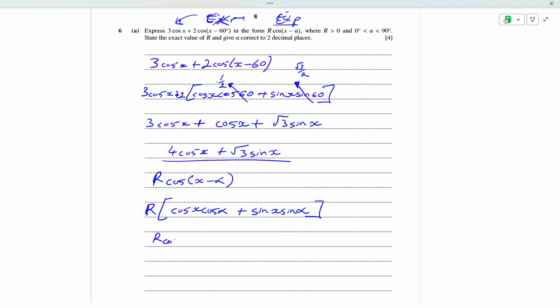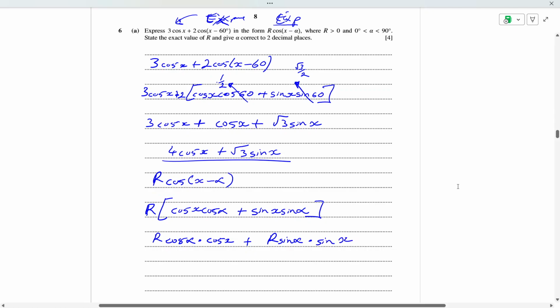We can rewrite it as r cos alpha multiplied by cos x, plus r sine alpha multiplied by sine x. You'll see why in a moment. Okay, that's the expansion.